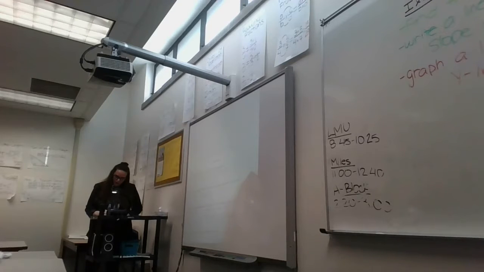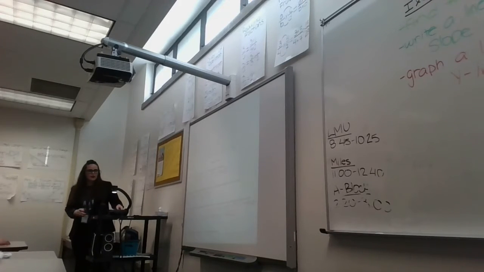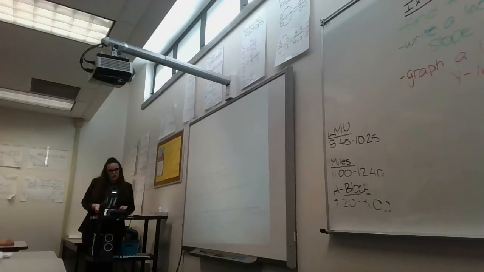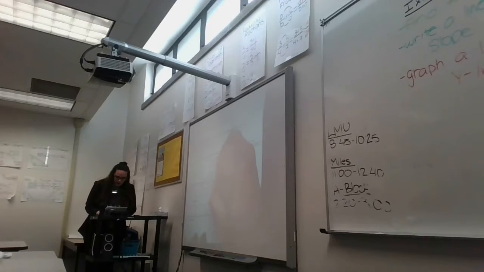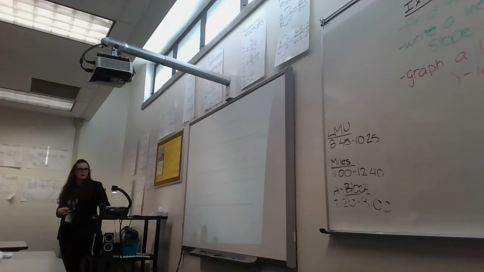Awesome. To make this answer look a little nicer, I'm going to move some things around thanks to the additive identity. This is going to be 18,000 minus 2,500t, just to get that minus out in the front.